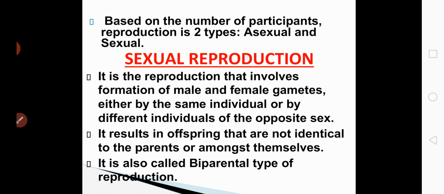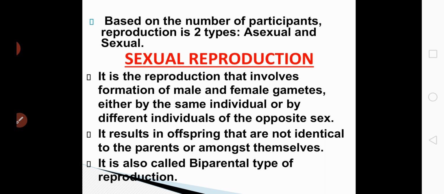But in sexual reproduction, because of the involvement of two parents, it results in offsprings that are not identical to the parents or amongst themselves, and hence they are not called clones.